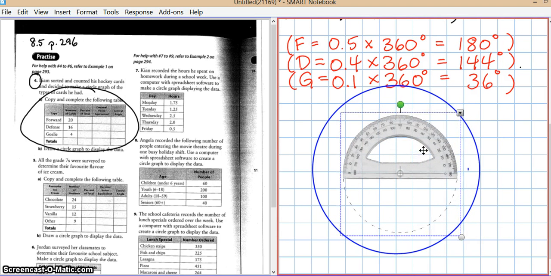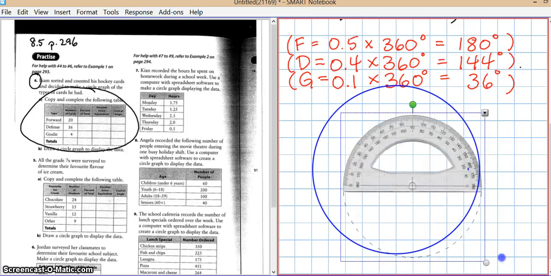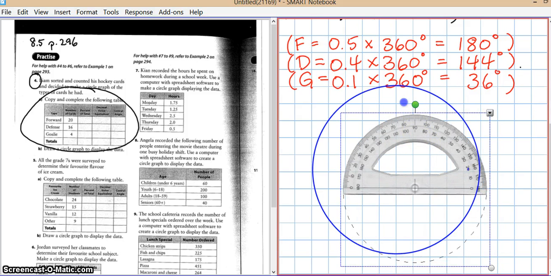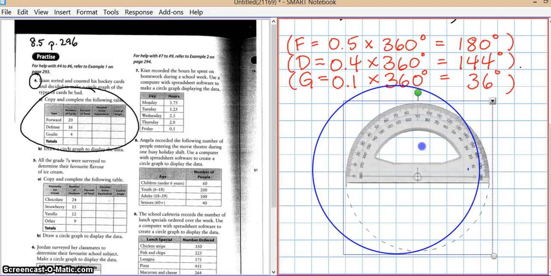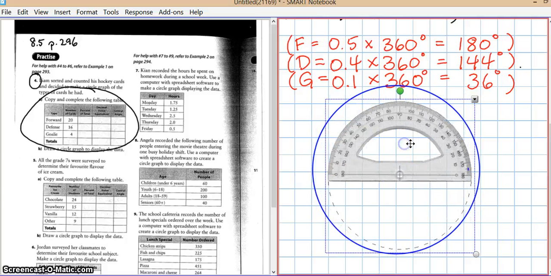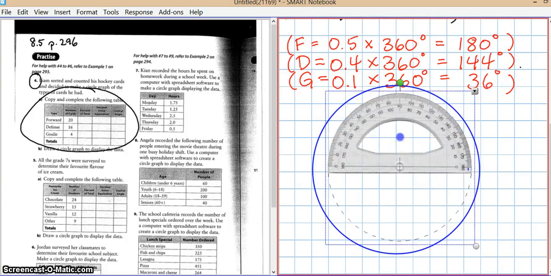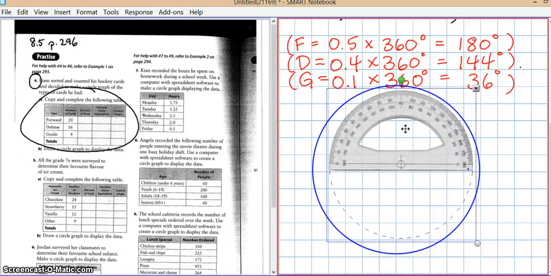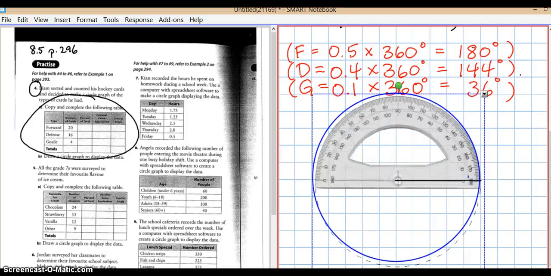I'm going to make the protractor a bit bigger so you guys can see. So what I've done is I've drawn my radius across one part of the circle to start forming the first angle that I'm going to draw.